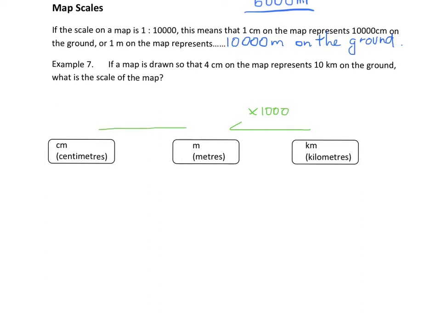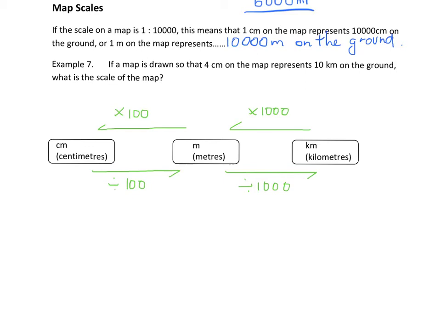Metres to centimetres: this prefix centi indicates 100, so multiply by 100 to convert metres to centimetres. To go in the other direction, centimetres to metres, let's divide by the same quantity, divide by 100; metres to kilometres, divide by 1,000.